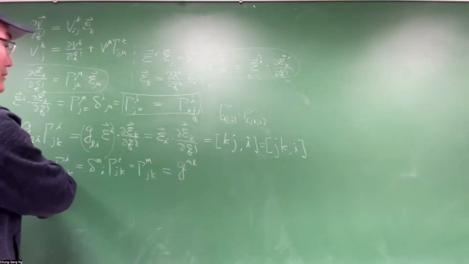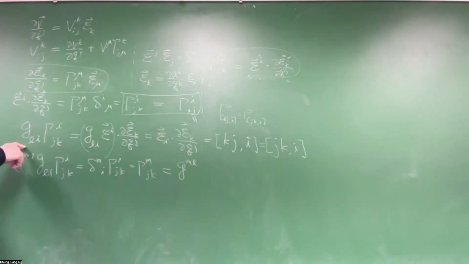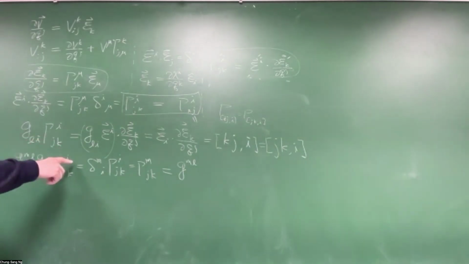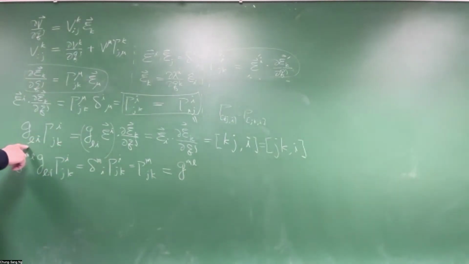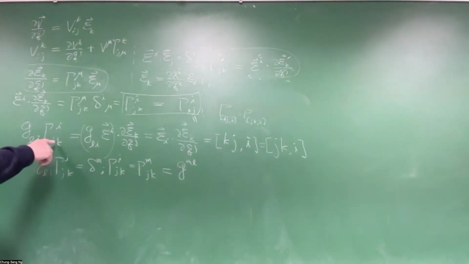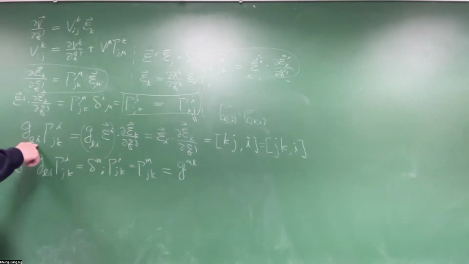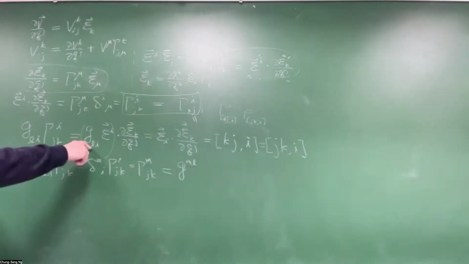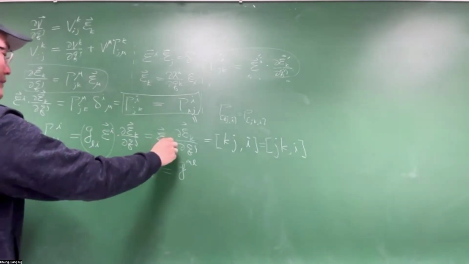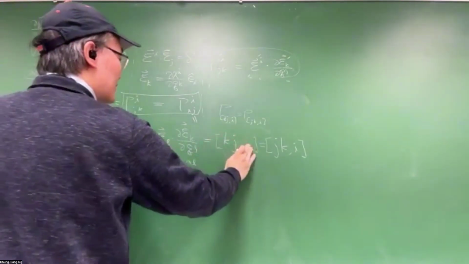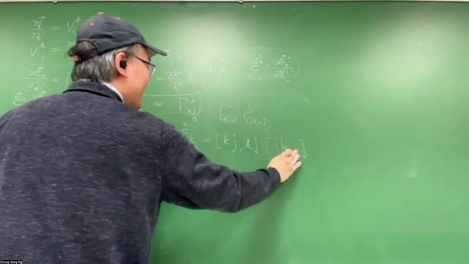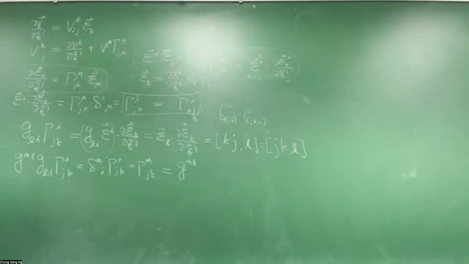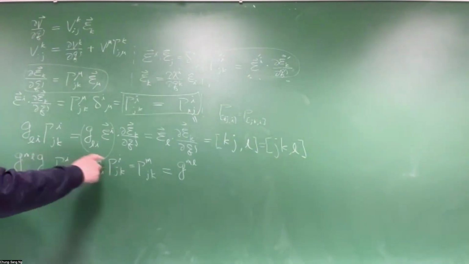Shouldn't it be epsilon L instead of epsilon I in the second? Yes, this is L I, so this gives an L. So this is G L.